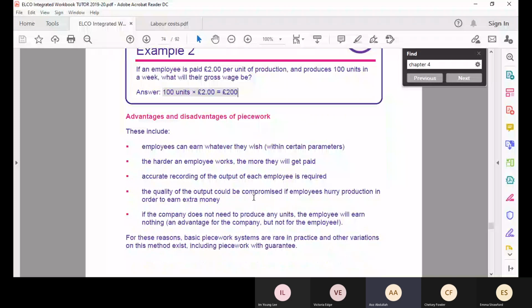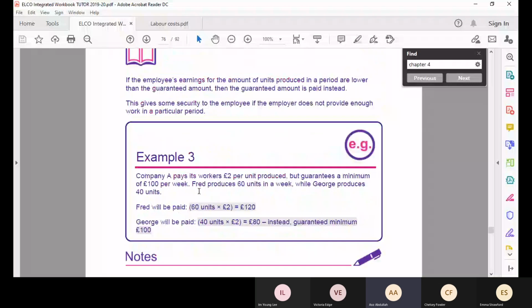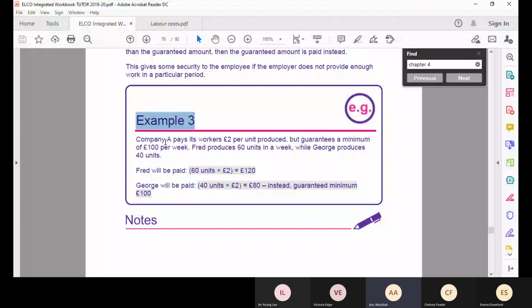If we look at example number 3, which is more complicated, it says a company pays its worker £2 per unit produced. For every unit they produce, they will receive £2, but it guarantees a minimum of £100 a week.